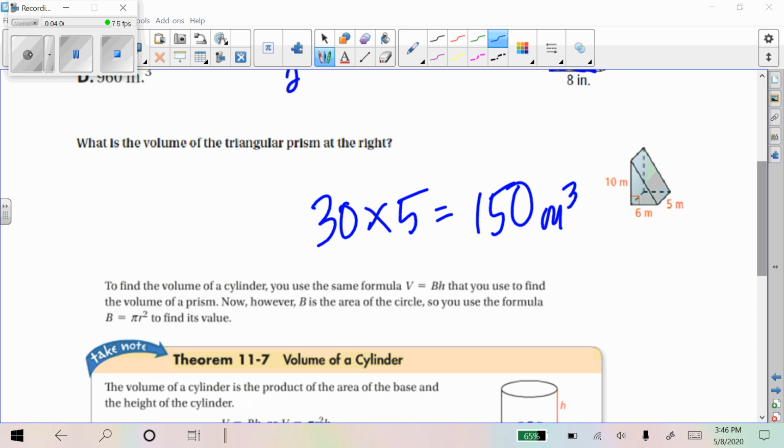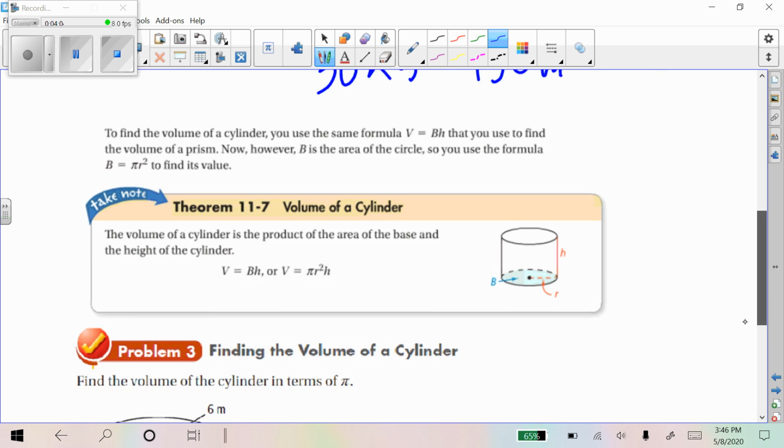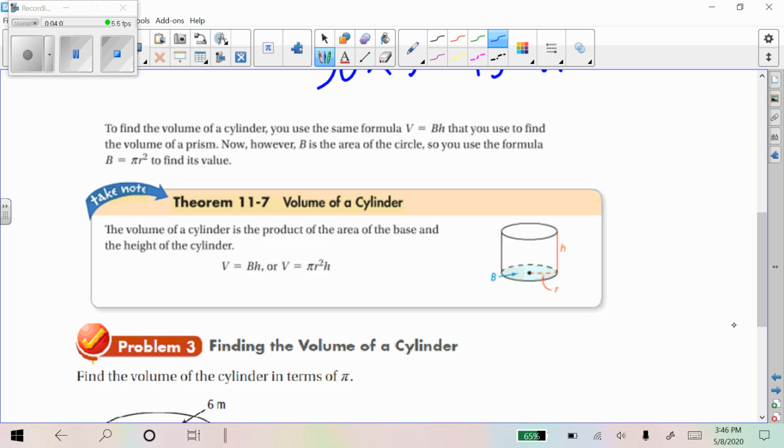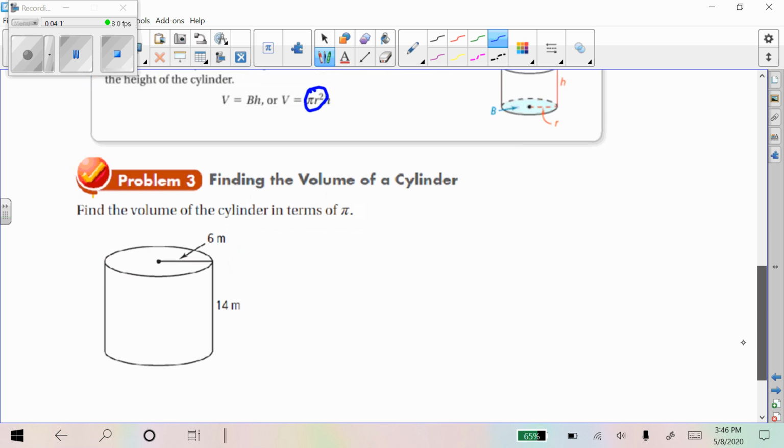All right, I think 150 is about right for that one. Okay, now the volume of the cylinder is exactly the same. It's just that the way we find the area of the base is the area formula for a circle, pi r squared, and then we just multiply that by the height.